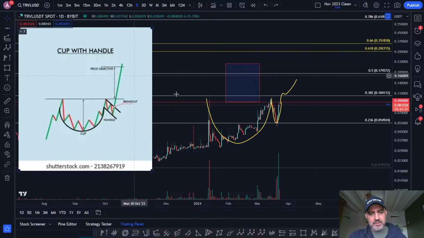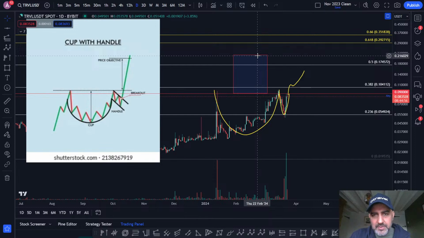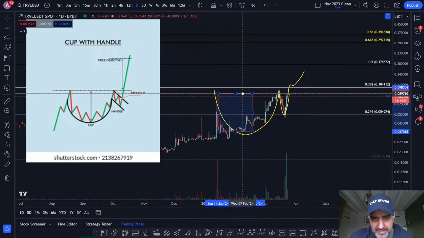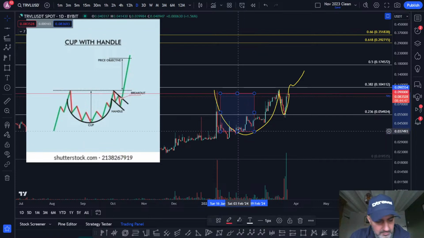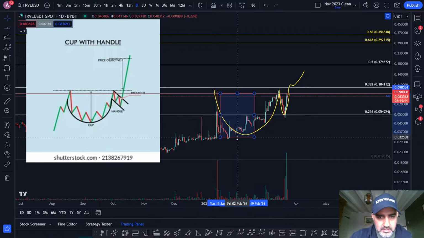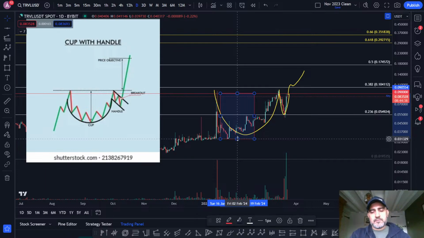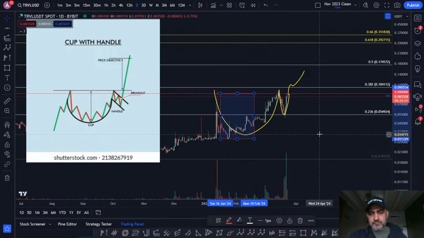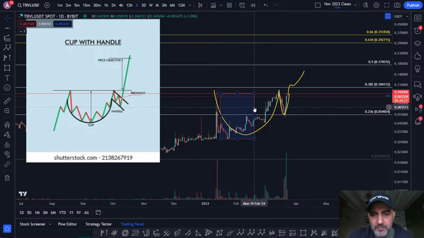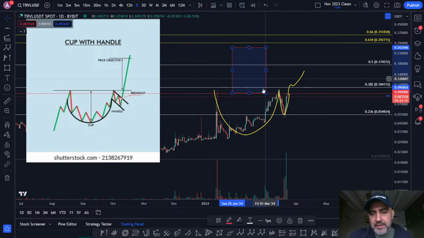And actually, maybe this is not right. Maybe you do it from the break line, the neckline, to the lowest point. If that was true, it'd put us much higher.